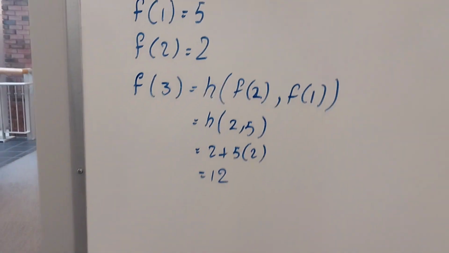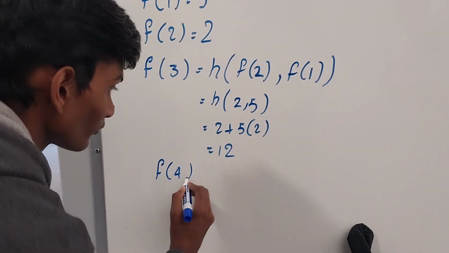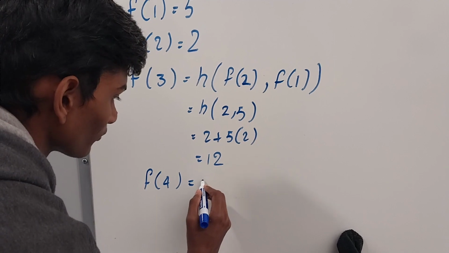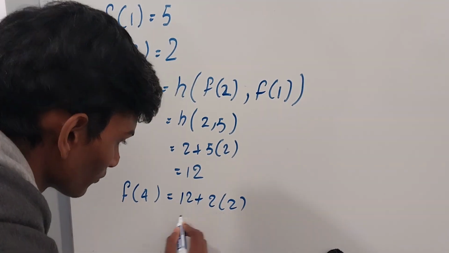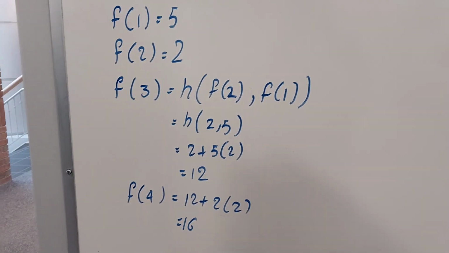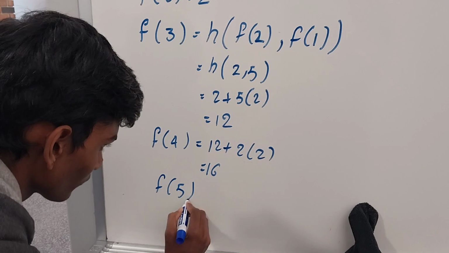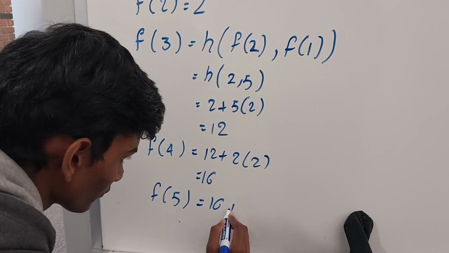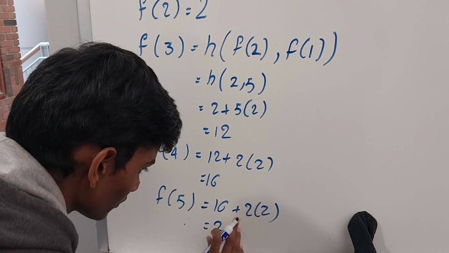So now let's do f of 4. A 12 plus two 2's is going to get us 16. F of 5. 16 plus two 2's, so it's going to be 16 plus 24, which is 40.